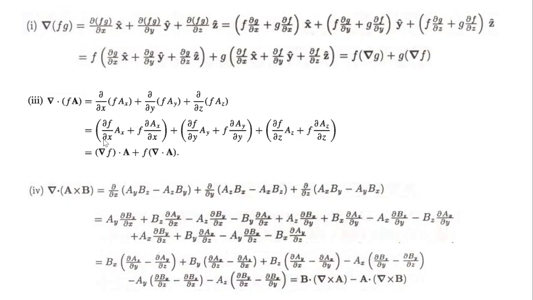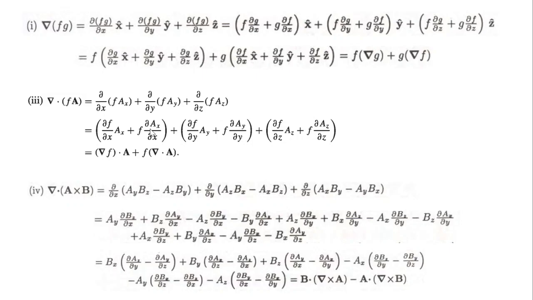Now look at the first terms in each of these. This is dou f by dou x into ax plus dou f by dou y into ay plus dou f by dou z into az, which can be written as gradient of f dot a, right? You get product of similar terms.